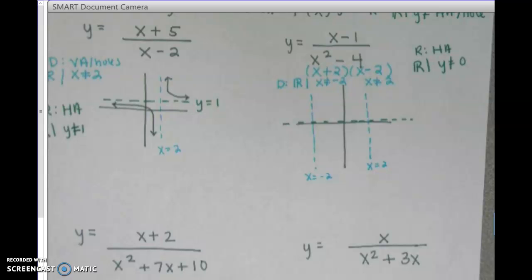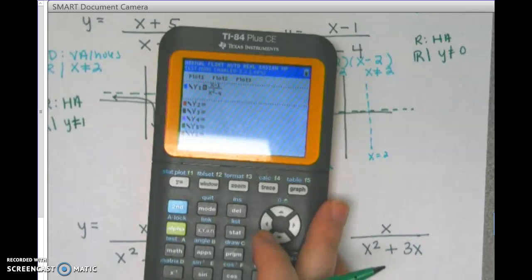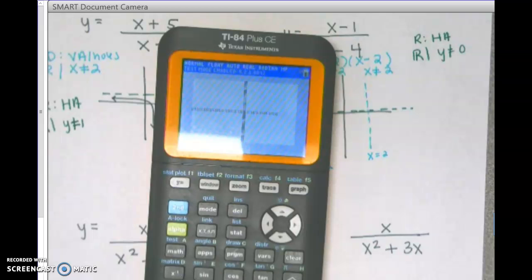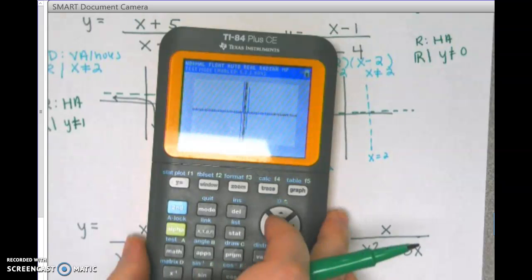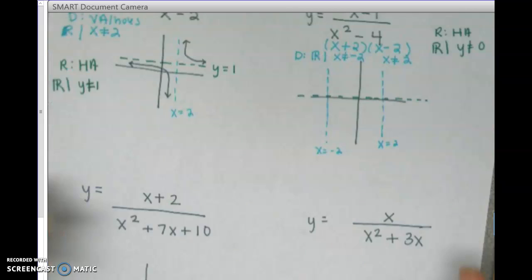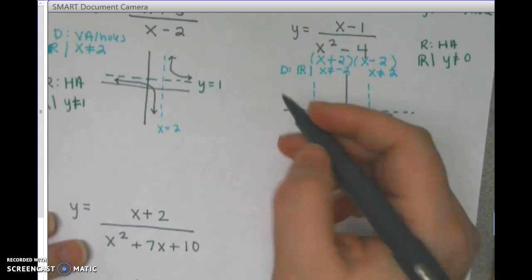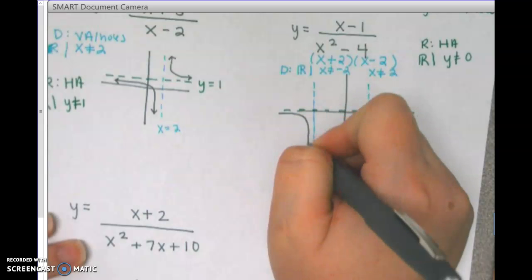So I'm getting my graphing calculator out, and I'm graphing the original problem. All right, so yeah, that's what I was thinking this one was going to do. So this one actually looks like this.